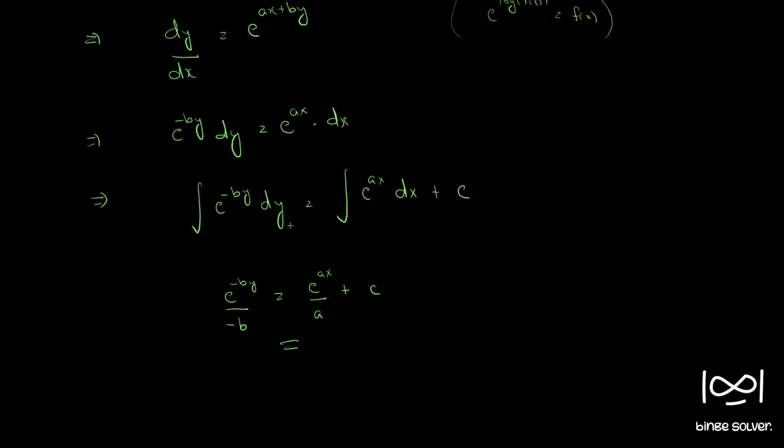If anyone has confusion in solving this integral, just remember, if we have a form integral f dash of g of x into g dash of x dx, this becomes f of g of x.